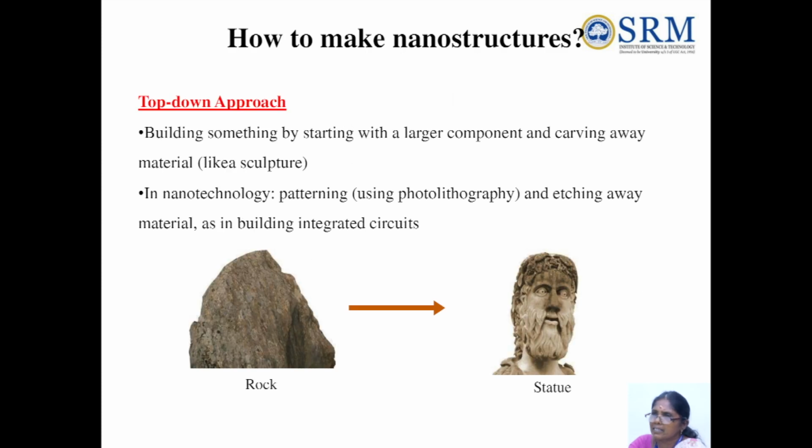How to make nanostructures? There are two technologies: the top-down approach and the bottom-up approach. This is an example for the top-down approach: building something by starting with a larger component and carving away the material, like a sculpture. In nanotechnology, it is patterning using photolithography and etching of any material, as in building integrated circuits. The rock is converted into a statue.